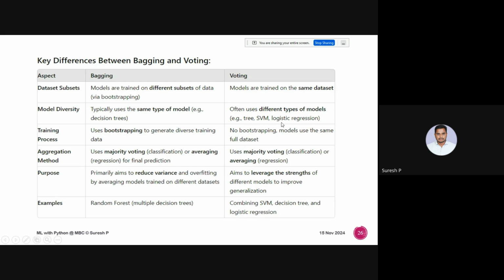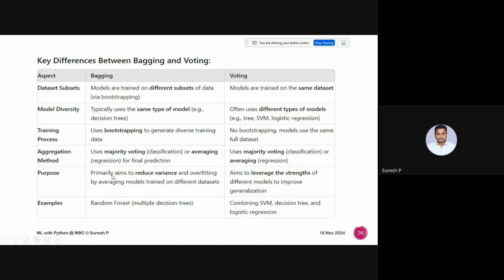One is decision tree, another one can be SVM, another one can be logistic regression. In the training process, bagging will use bootstrapping to generate diverse training data. Here no bootstrapping, the model will use the same full data. And for the aggregation method, majority voting for classification, averaging for regression. Here also the same, majority voting for classification, averaging for regression.